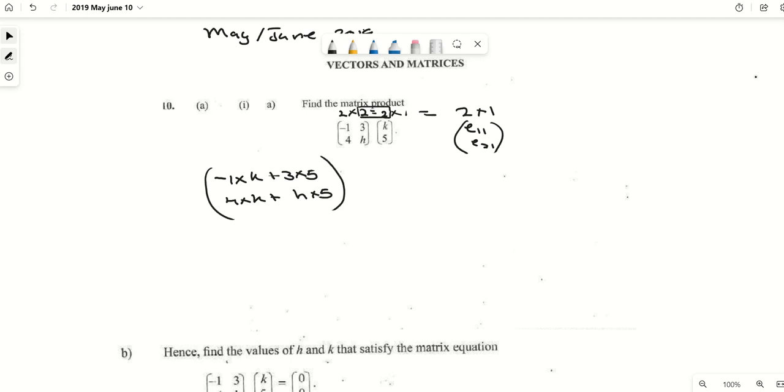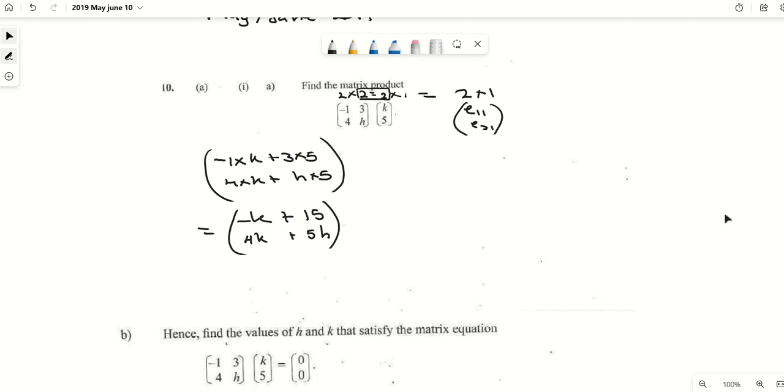Minus 1 by K is minus K plus 3 by 5 is 15, right? And then 4 by K is 4K, and then H by 5 is 5H. And that would be the product. That is the answer right there.